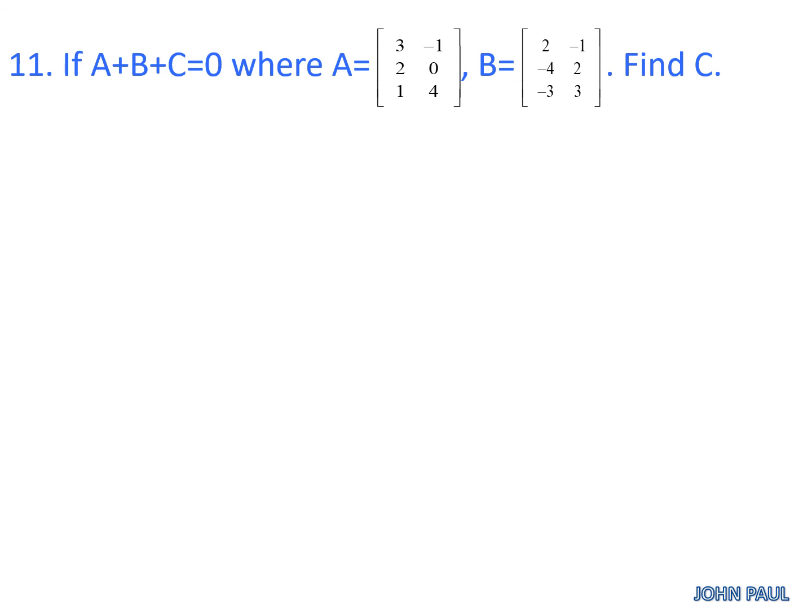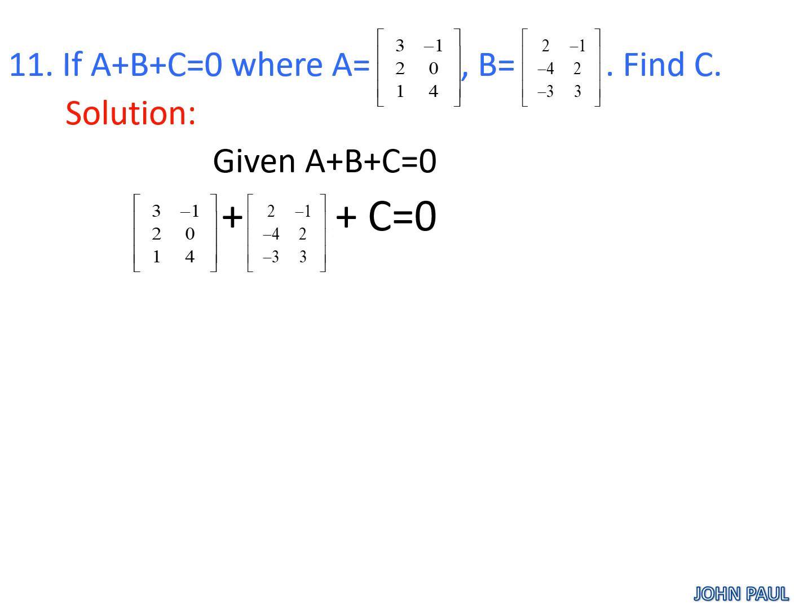11th one. If A plus B plus C equal to 0, where the matrices A and B are given, we want to find the matrix C. Solution. Given the matrix A plus B plus C equal to 0, substitute the given matrices A and B. We know the matrix addition.